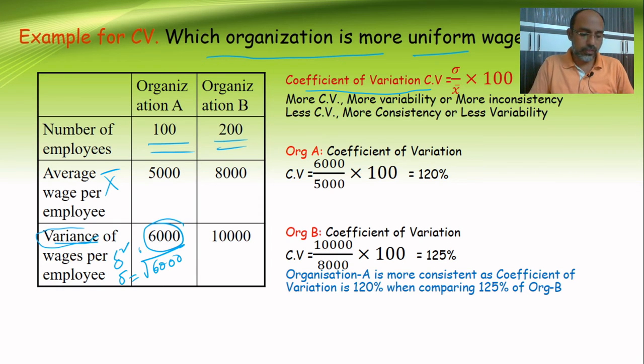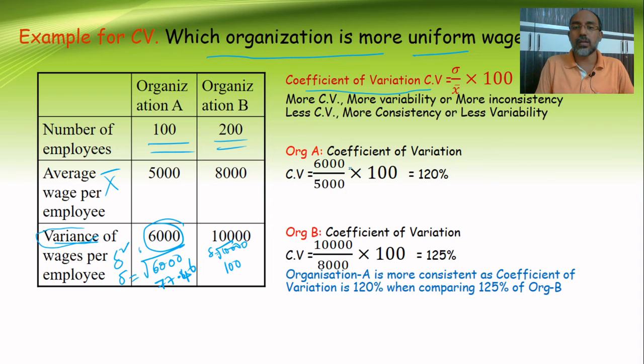Whereas the square root of 10,000 you can simply calculate, it is 100, so the standard deviation of 10,000 is 100.